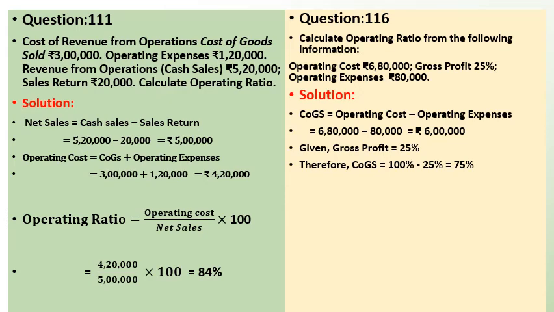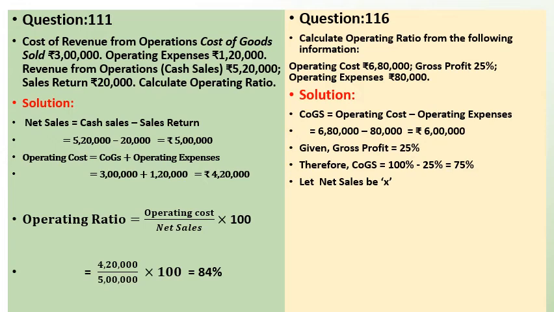As we know in common size analysis, sales is always 100%. So sales is equal to COGS plus GP, therefore COGS is 100 minus 25%, which is 75%.